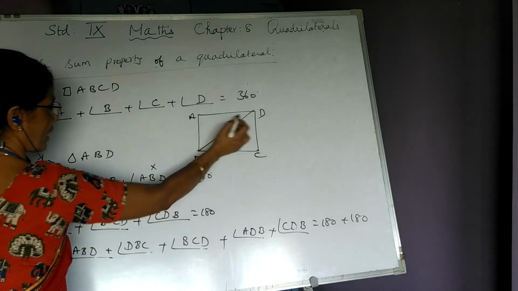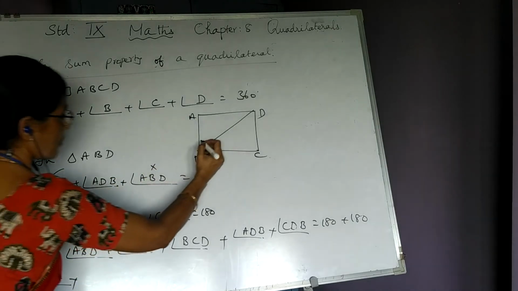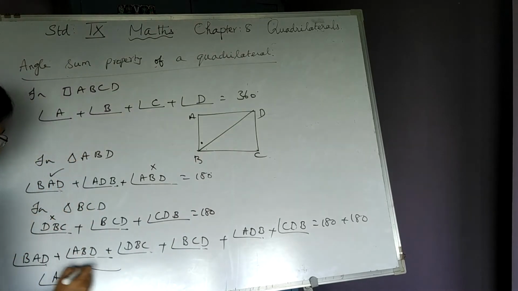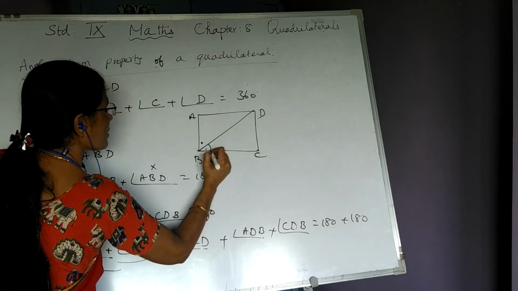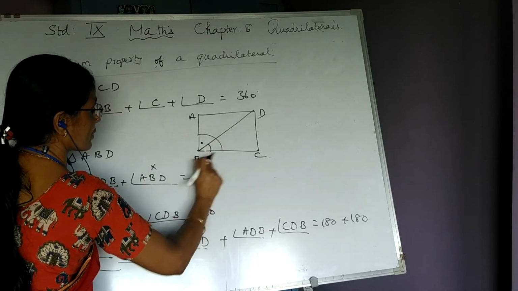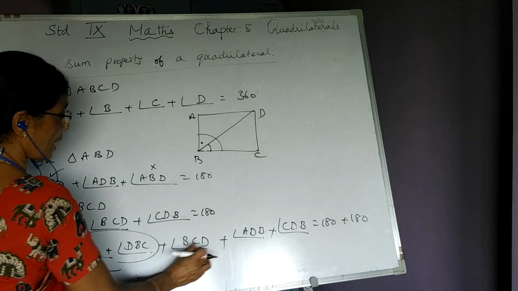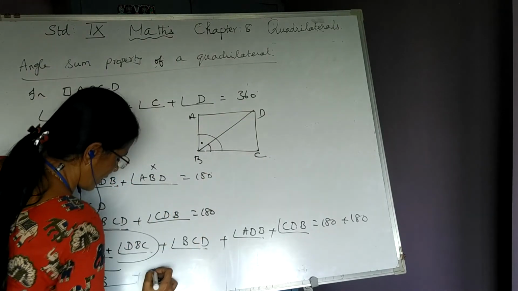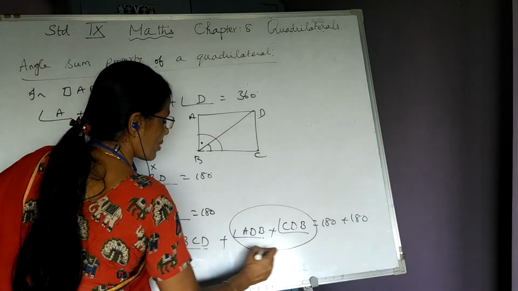Which is angle BAD? BAD is nothing but angle A. Right? ABD is this angle and DBC is this angle. So if you add this angle and this angle, which angle will we get? We'll get the entire angle. What is the entire angle? It is nothing but angle B. BCD refers to which angle? Angle C. Then these 2 we are going to add together.